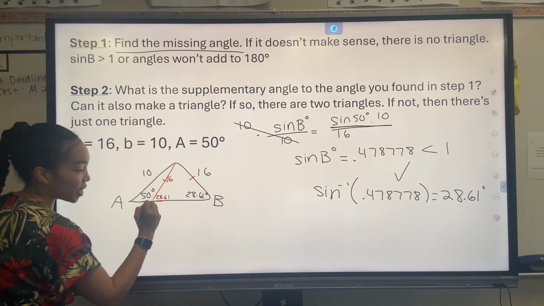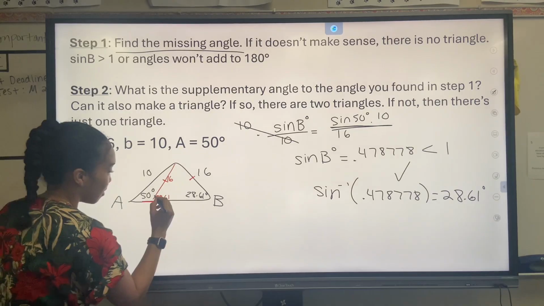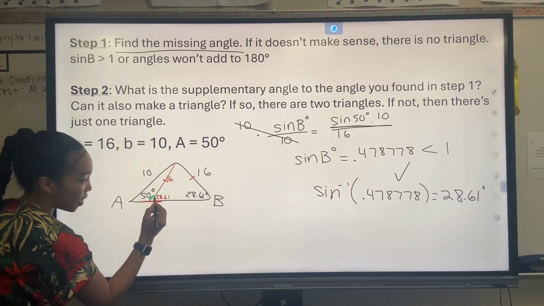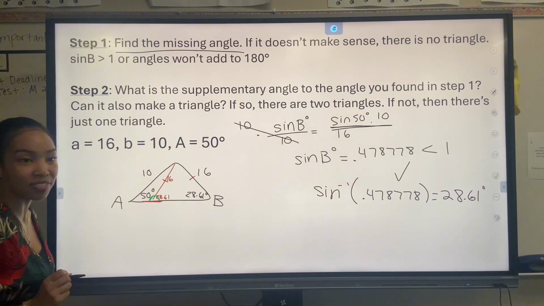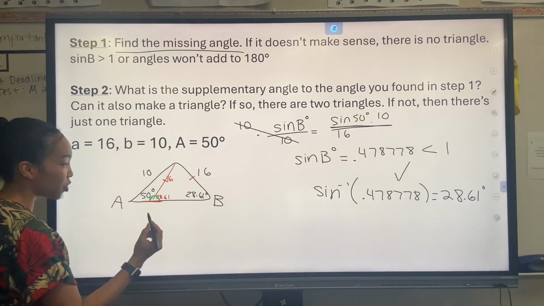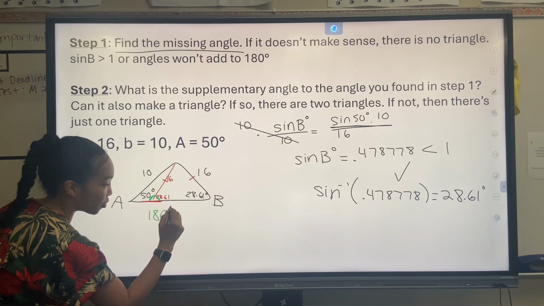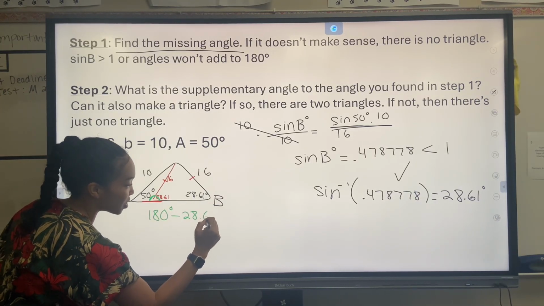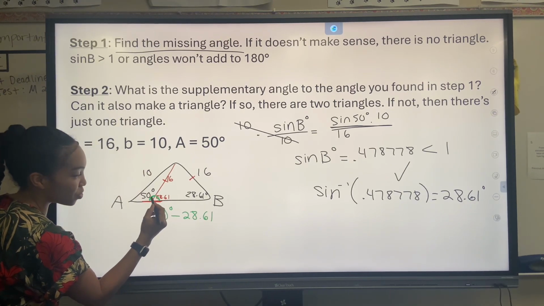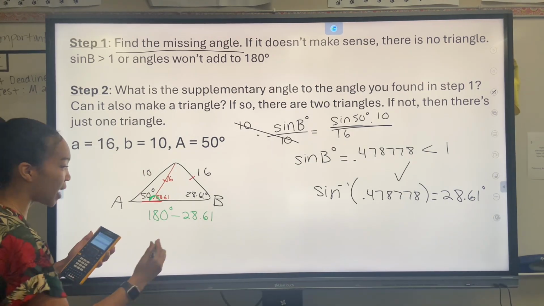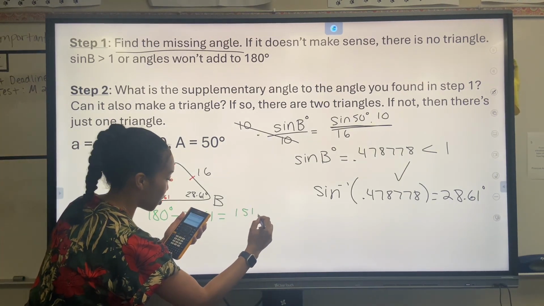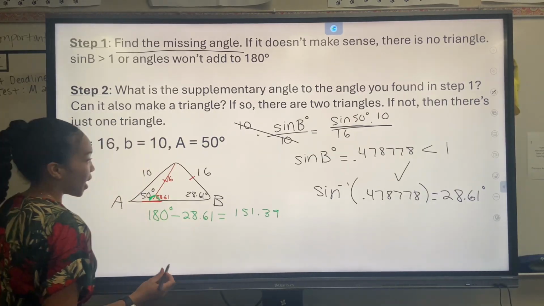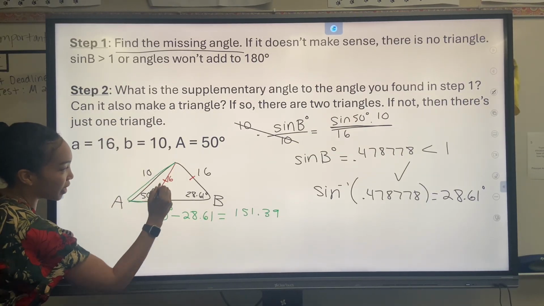This is on a straight line. That means this side of the angle and this side of the angle have to add up to 180. So in your calculator, do 180 degrees minus 28.61 to find this obtuse angle in here. I get 151.39.